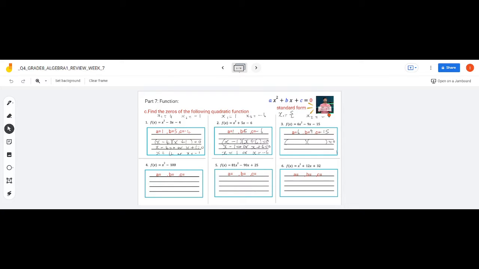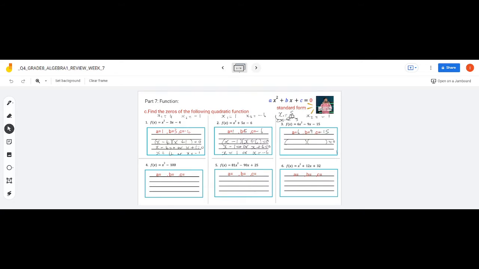Now all you have to remember when you get a fraction, just move the 2 so that it becomes 2x. Then we have 5. We're actually working in reverse, and then we take the 5 over, which is negative.